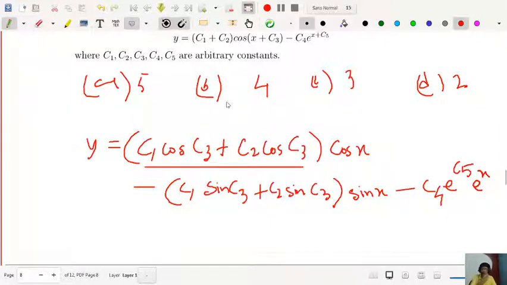This is how you can rewrite the equation.